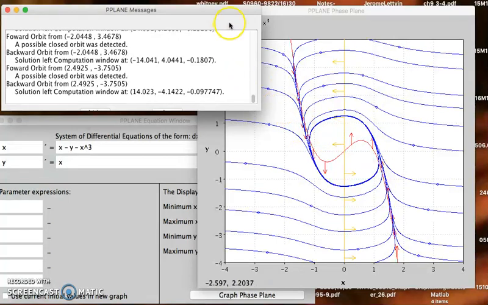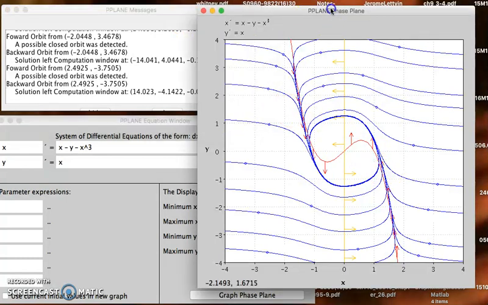Now, another thing that we can do is pick an initial condition that's close to the steady state at the origin. And to do this, I'm actually going to change the options. You can't see this right now, but I'm changing the options to make the solution direction only forward.